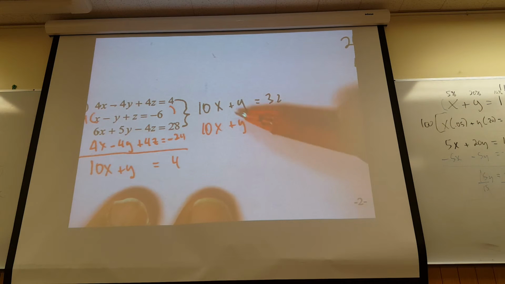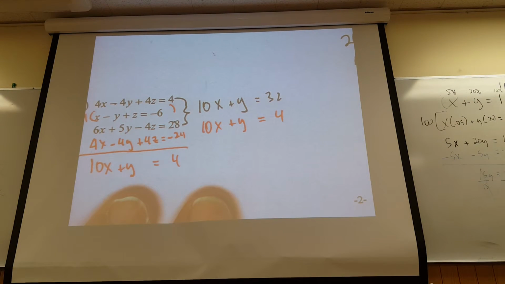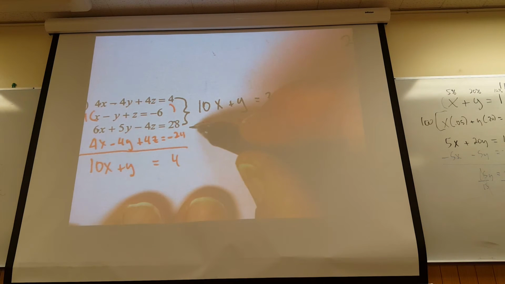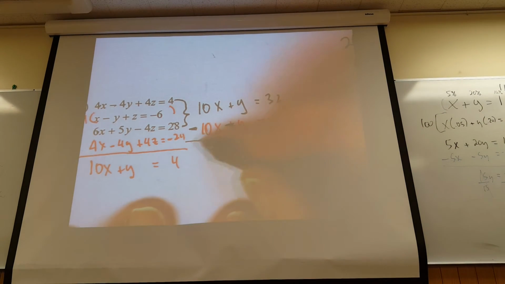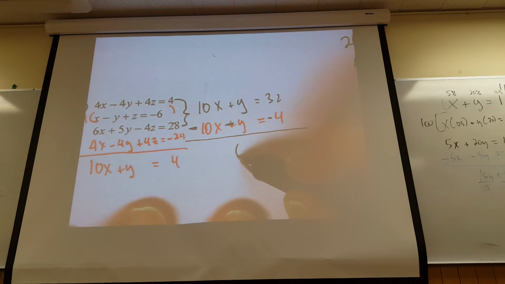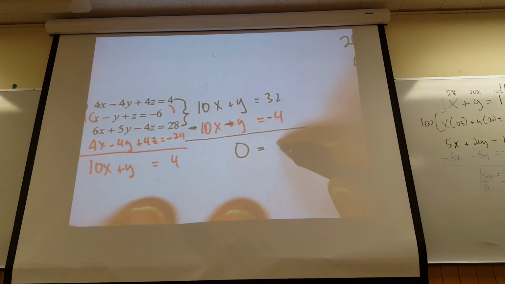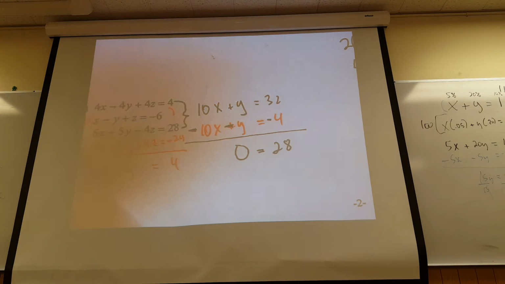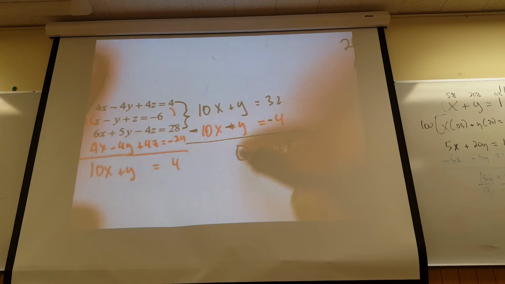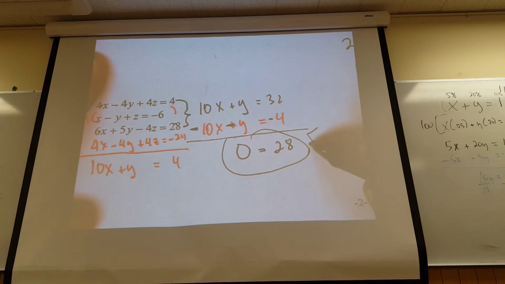Okay, what do I need to do over here now? Which one do I eliminate? Times the bottom one by a negative. What in the heck happened? Okay, when you get a false statement, what does that mean?